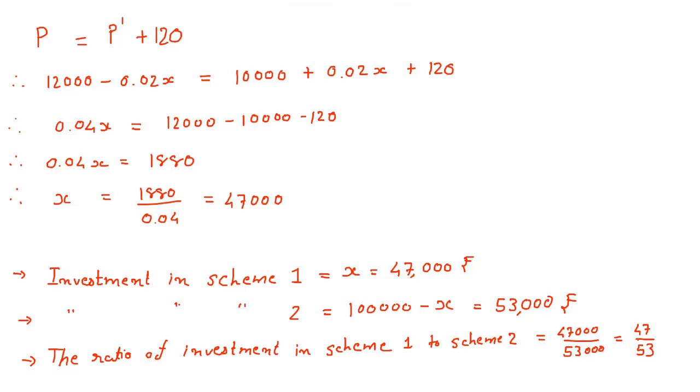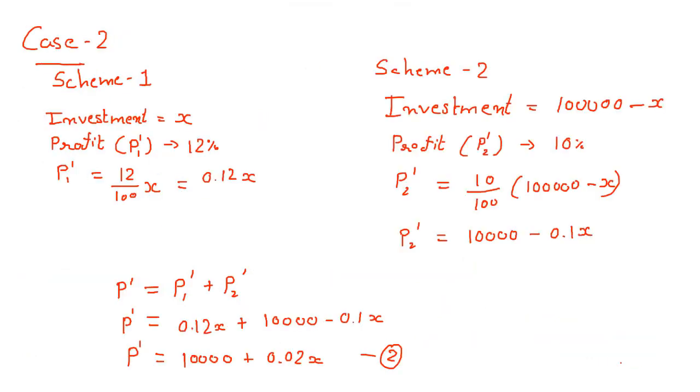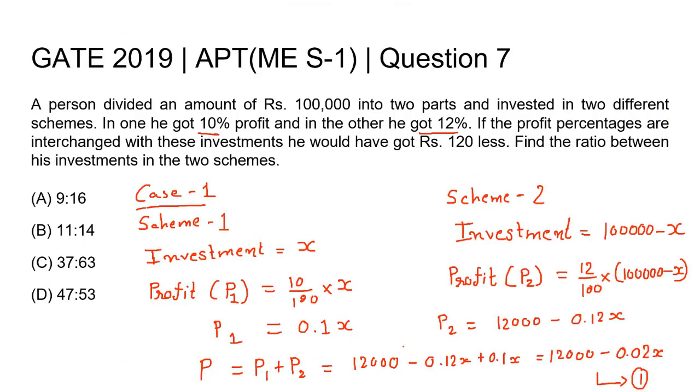Since they are both prime numbers, no further factorization can be done. So that will be our answer. So the right answer to this question will be option D, 47 to 53.